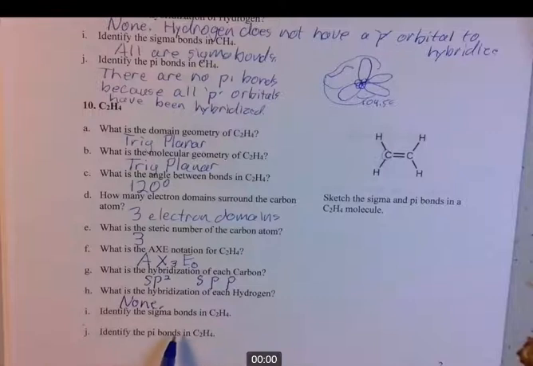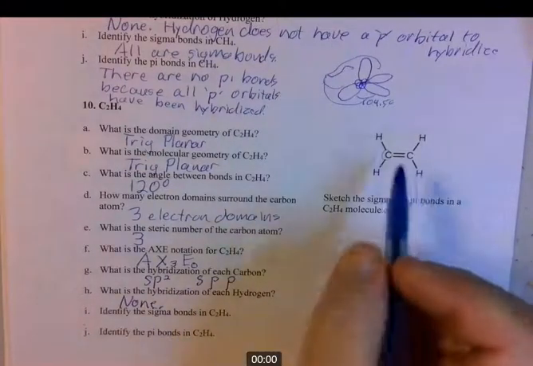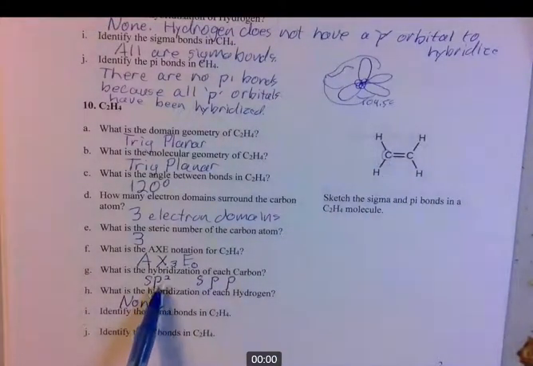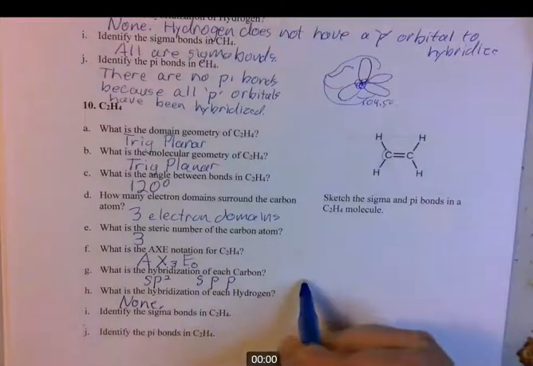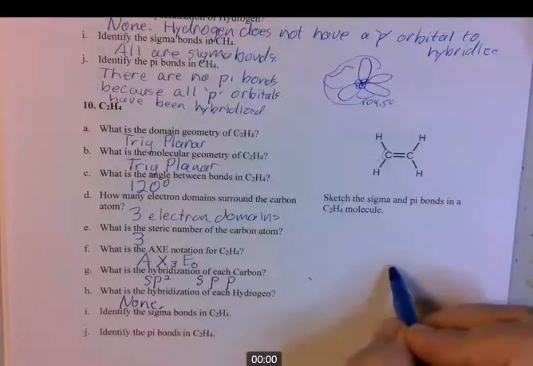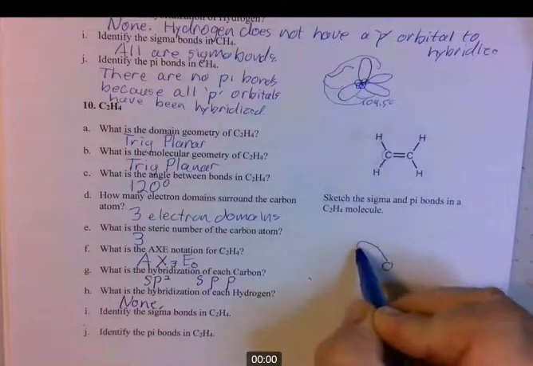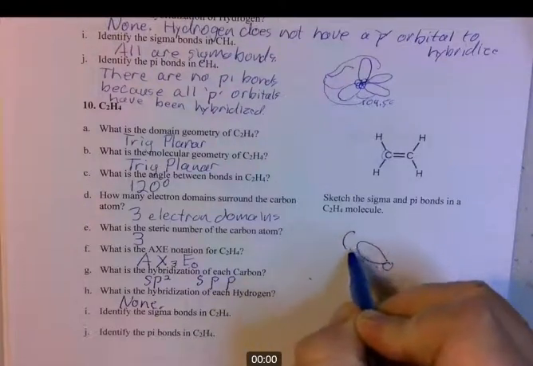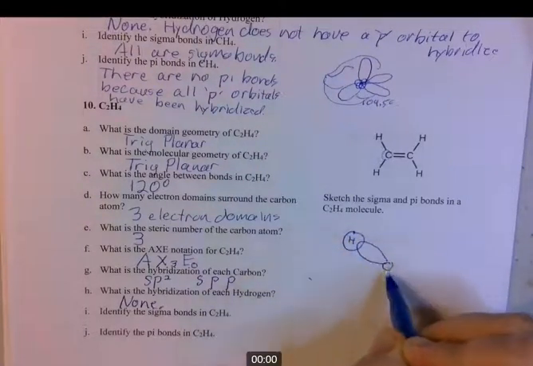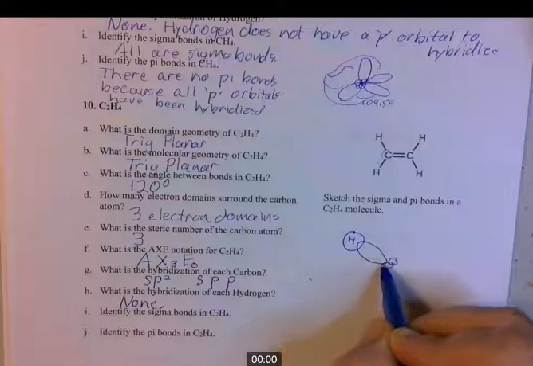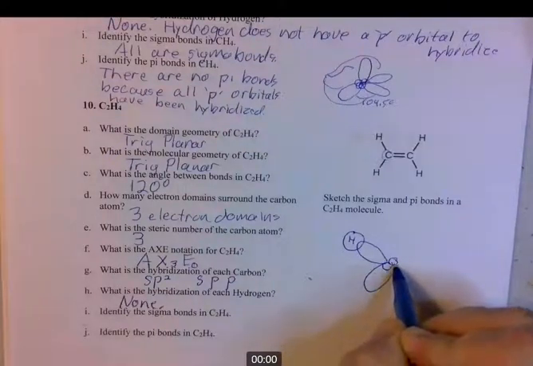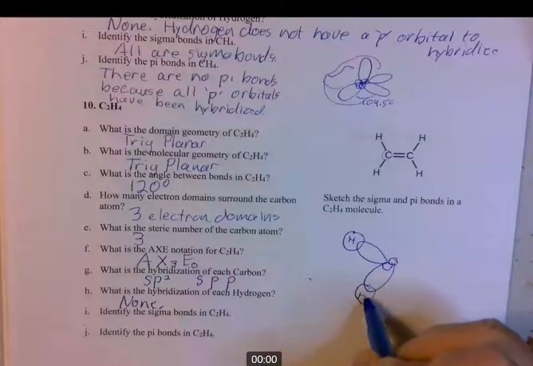Okay, identify the sigma bonds. There are 3 sigma bonds. sp2 means there are 3 bonds. They're going to look like this. Why don't we sketch them over here? If I take this carbon as my example, there's going to be one sticking out that way, and then there's the hydrogen right there. I'll just write an H there. There's another one. Remember, it's a little bowling pin. It sticks out like that, and then there's a hydrogen right there.